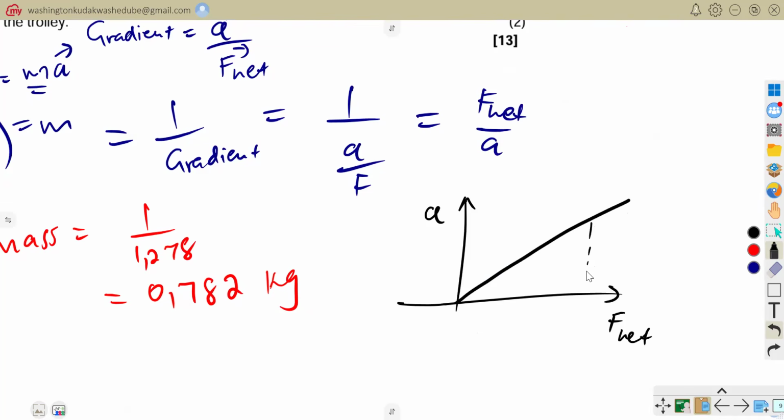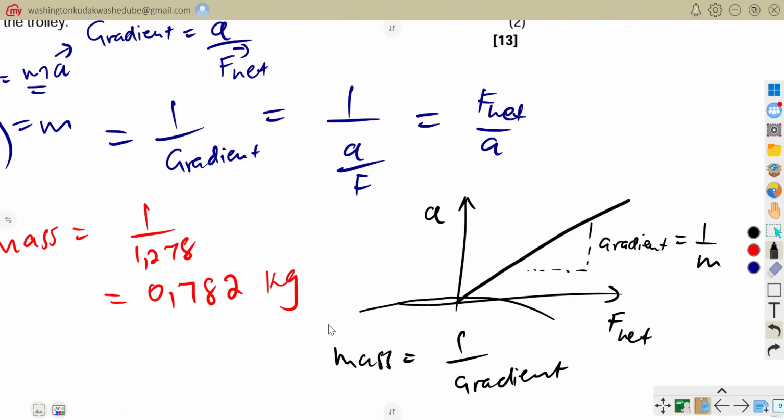So the gradient that we get here is equal to 1 over mass. So that when you now want to find mass, this is also equal to 1 over gradient. You now need to know this.